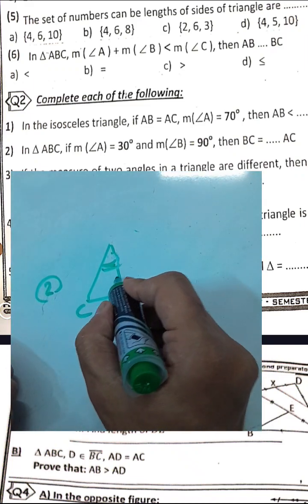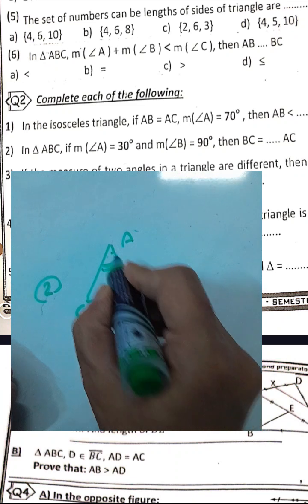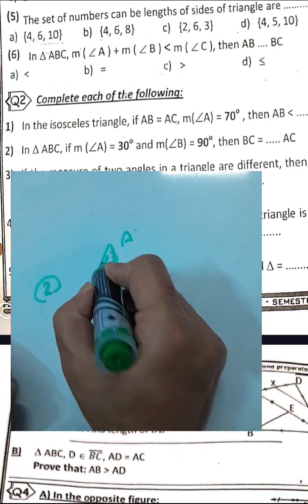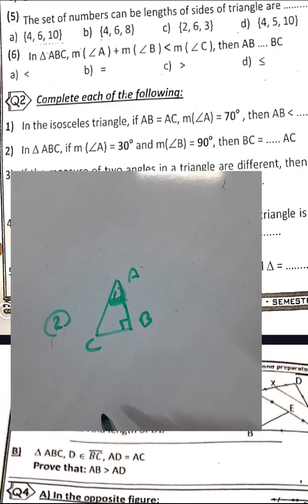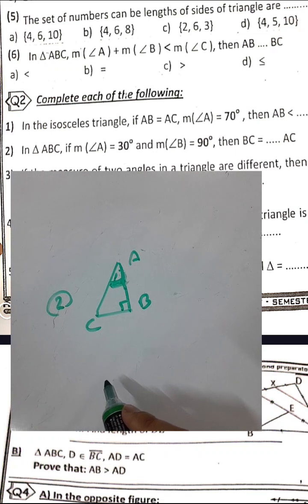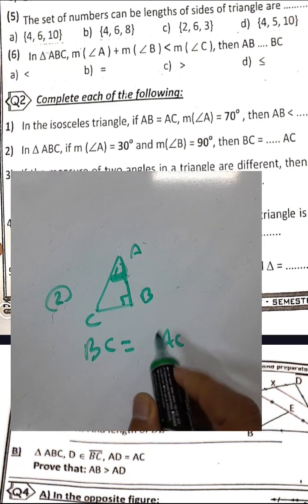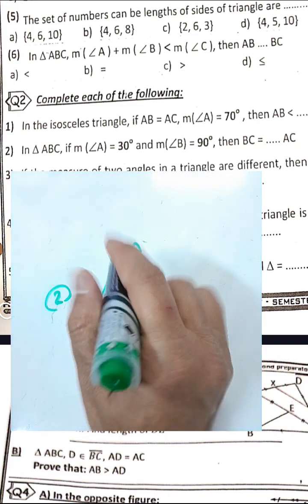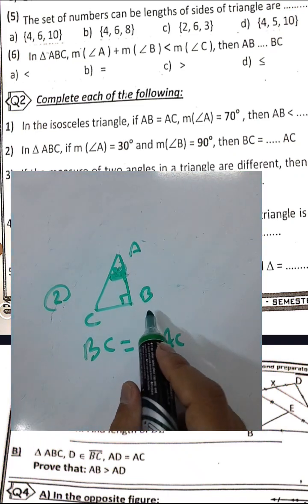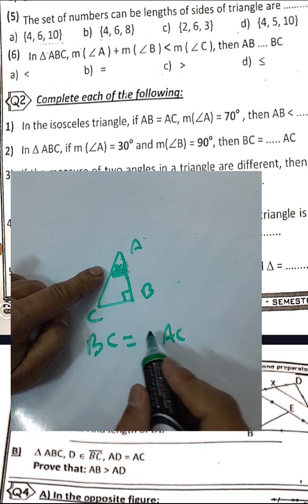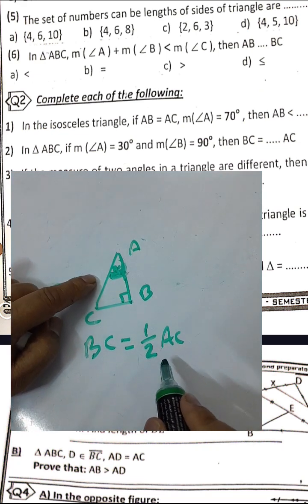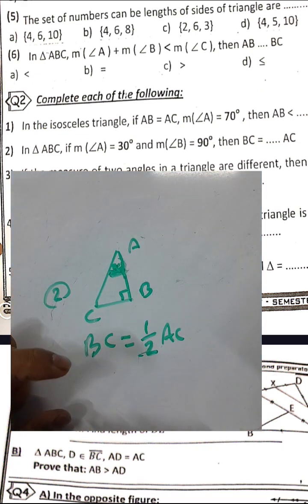This angle is 30 degrees, and the measure of B is 90. He wants to find the relation between BC and AC. BC is opposite 30, so BC is half of the hypotenuse. AC is the hypotenuse, so BC will be half of AC.